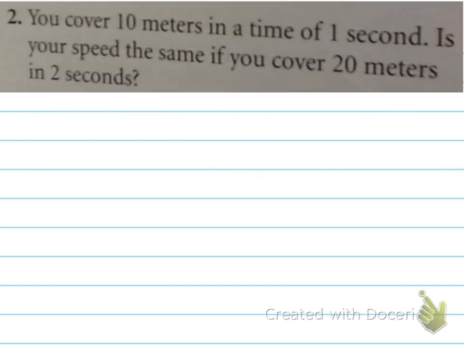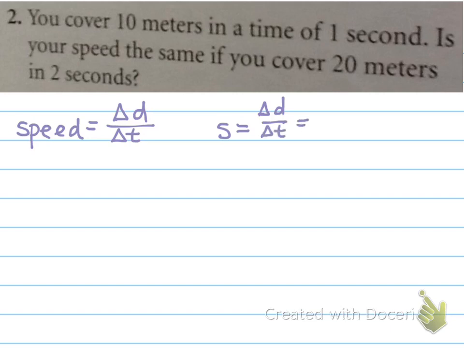Question 2. You cover 10 meters in a time of 1 second. Is your speed the same if you cover 20 meters in 2 seconds? So remember our equation for speed equals our change in distance over our change in time. So in the first instance, our speed is 10 meters in 1 second, so 10 meters per second.